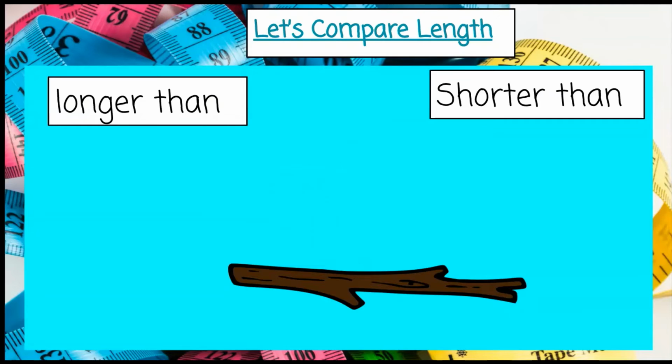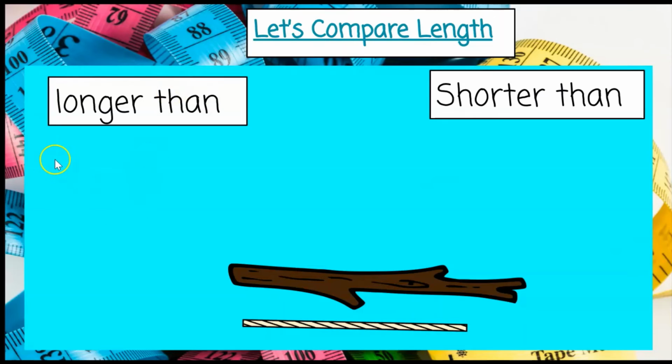Let's compare the lengths of different objects we can find in our backyard. Right now, we're looking at a stick. We need to decide, is the stick longer than or shorter than my string?